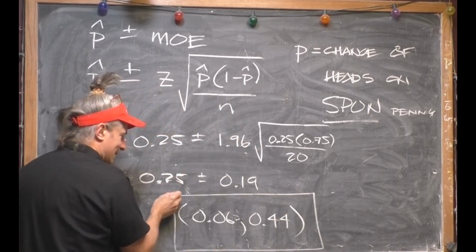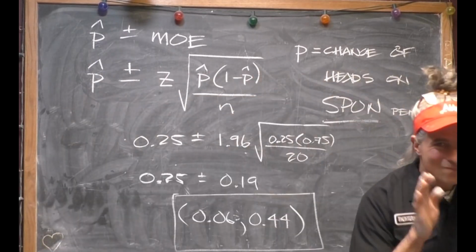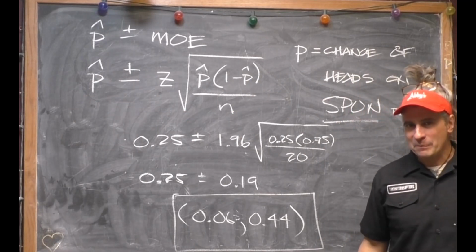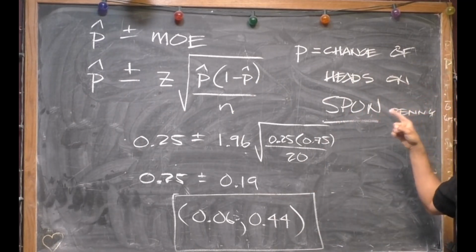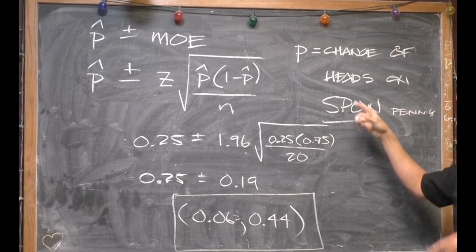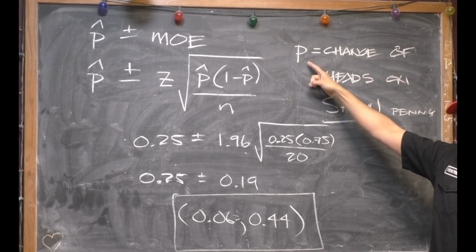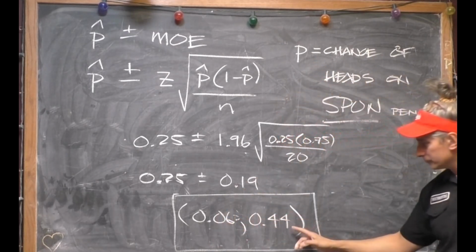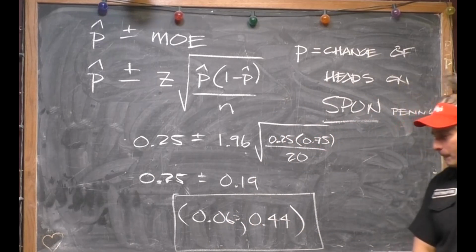So what does this tell us? I'm 95% confident that if I spin a penny, the actual percent of heads that I get is going to be between 6% and 44%.